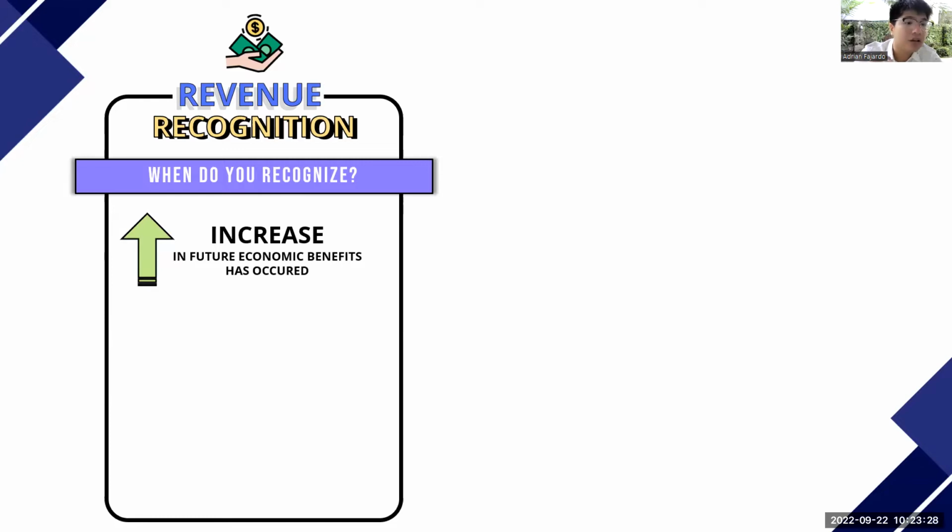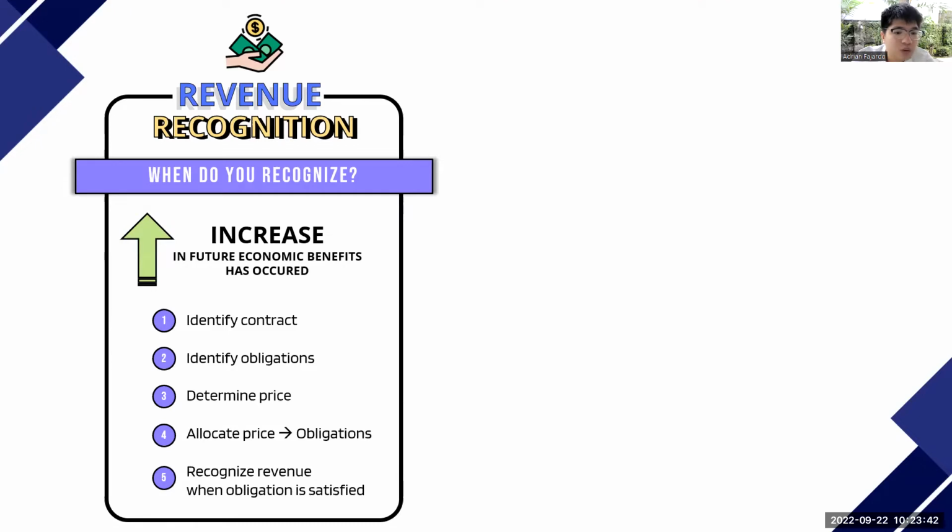Honestly, in advanced accounting, there are strict guidelines. There are actually 5 steps in order for you to recognize revenue, right? Number 1, you identify the underlying contract, so either a written contract or even an implied contract.